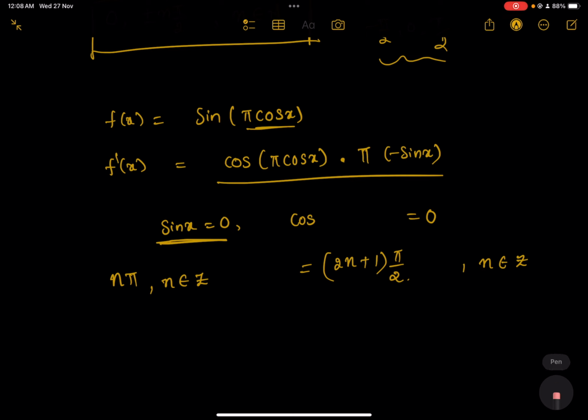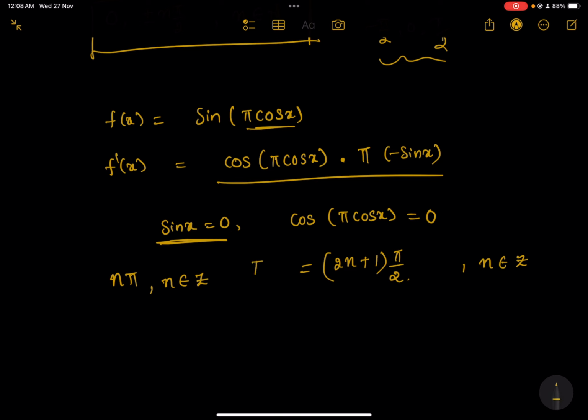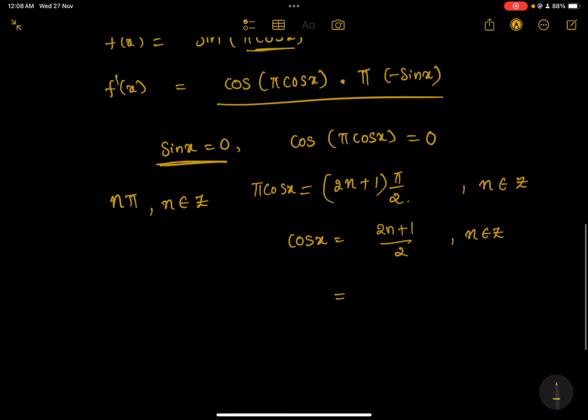So pi cos x should be this thing. So cos x is equal to 2n plus 1 by 2 for n belongs to integer. Let us put the integer values. When n is equal to 0, this is 1 by 2.